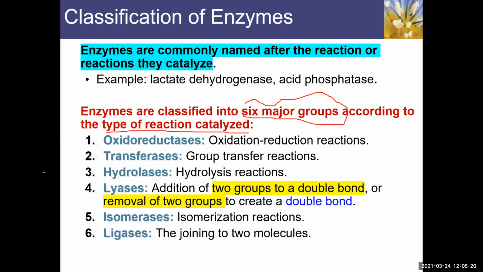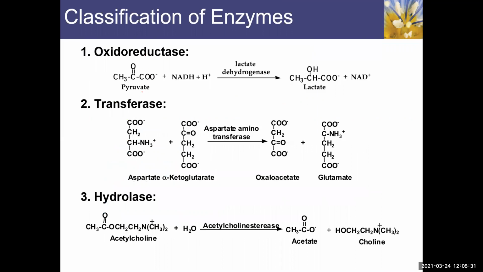Like oxidoreductases. Now, what do you need to know? Please pay attention. Nobody is going to ask you to give an example about oxidoreductases, like how pyruvate is converted into lactate. No, of course not. You don't have to know the reactions as well.